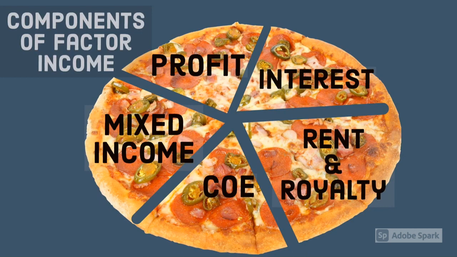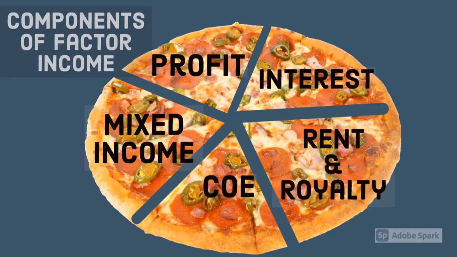The slices of this pizza joined together with COE, compensation of employees, that is the amount paid to the employee by the employer for the productive services rendered. Then there is rent and royalty, which arises from ownership of land and building, as well as granting leasing rights to subsoil assets.